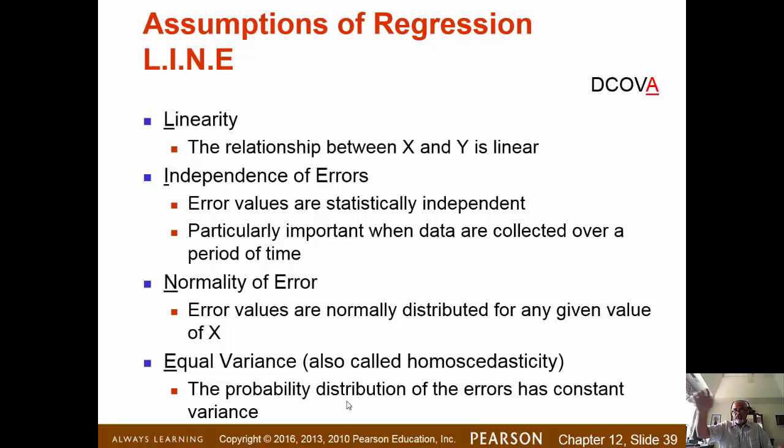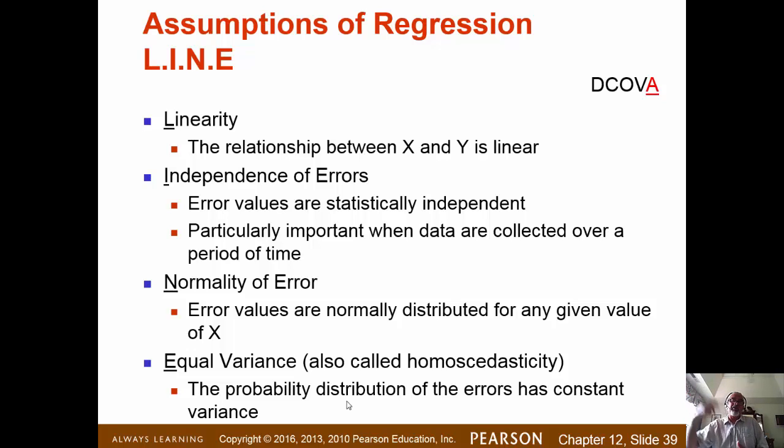Then the error terms, if you follow the probability distribution of the error term, would randomly fluctuate according to a normal distribution, with a mean of 0, and the variance that it will have will be the same irrespective of what x is.